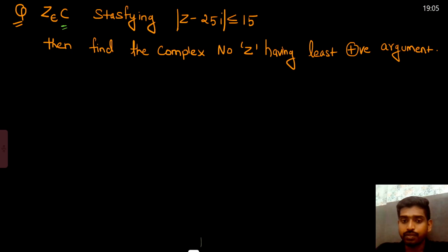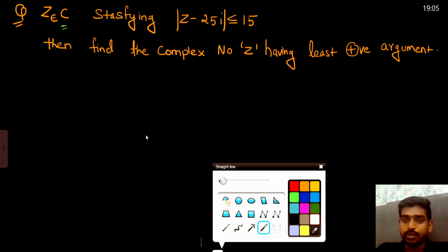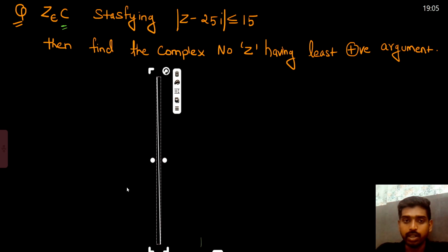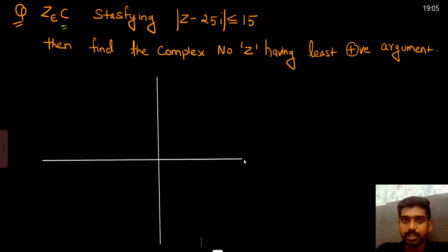Got it? So first we'll draw the locus of this equation. It will represent a circle, right? What is the center of that circle? The center of the circle is 0 comma 25, suppose here.